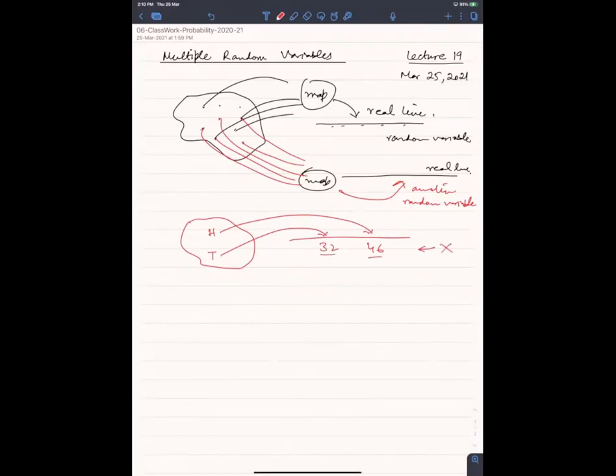X is a random variable which takes values 32 and 46 with probability 1/2 and 1/2. I can further define another random variable from the same sample space, जो ये कहेगा कि head should be mapped onto 91 and tail should be mapped to 103. तो यह another random variable है from the same sample space. एक sample space से मेरी मर्जी है, मैं जितने मर्जी random variable define कर सकता हूं.